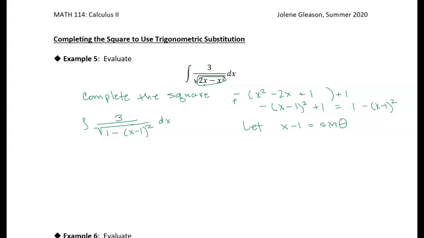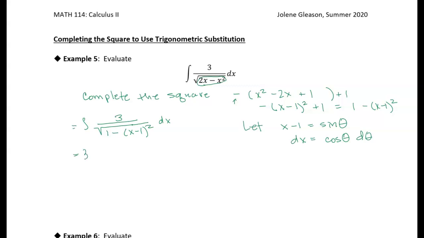And now if I differentiate both sides, I get dx is equal to cosine of theta d theta. And now let's make that substitution. Now I'm going to bring this 3 in the numerator out front.